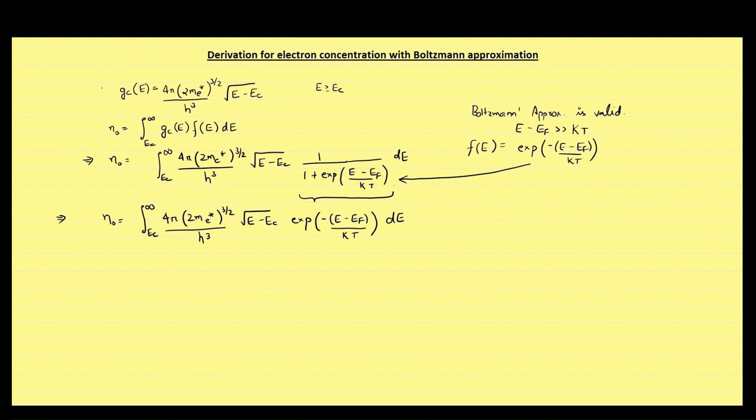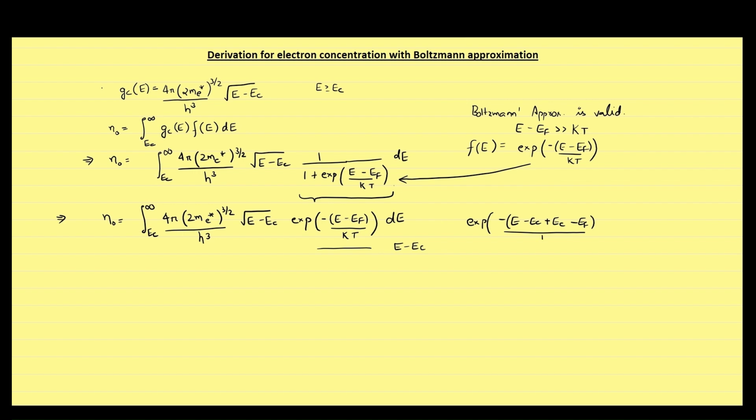Now see carefully. We are trying to change this expression so that we get the final expression in terms of E minus E_C. For doing so, we rearrange this as (E − E_C + E_C − E_F) divided by kT, since plus and minus E_C cancel each other.